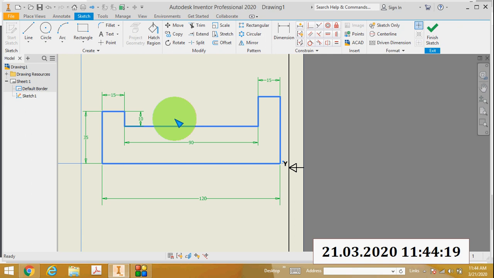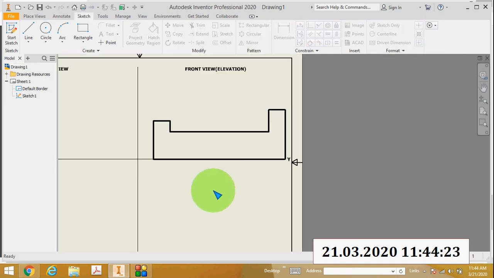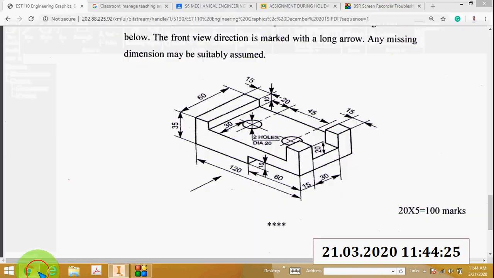Okay, so this is the front view. You can see. Any doubt?